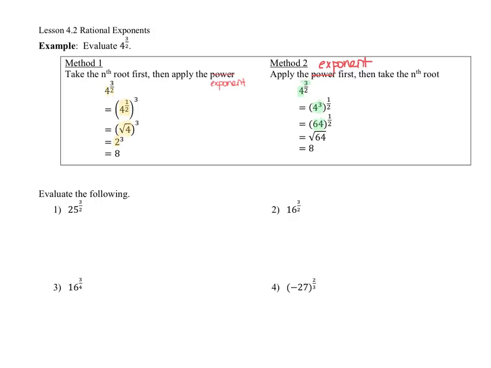And then the exponent of 1 over 2 changes to square root of 64, and then square root of 64 we know is 8. Okay, in either way you get the same answer, but I would probably recommend method number 1 simply because it's easier to work with smaller numbers. Okay, by taking the nth root first, you end up with a smaller number that you can work with.